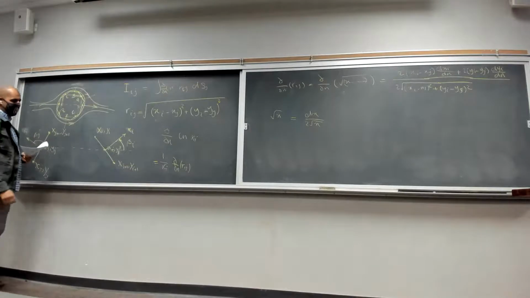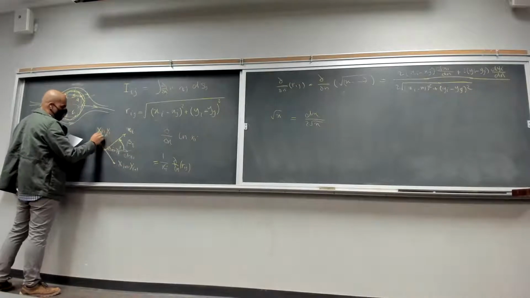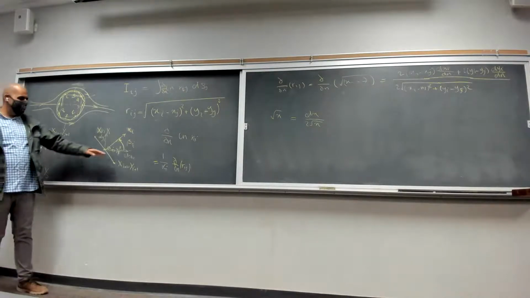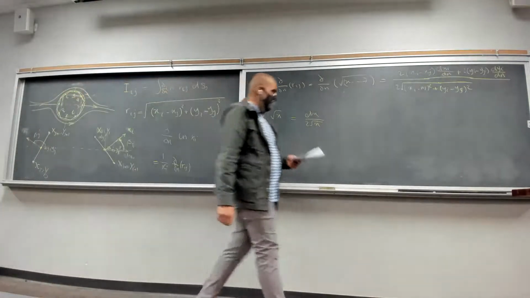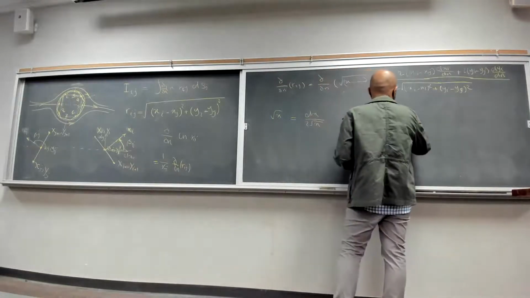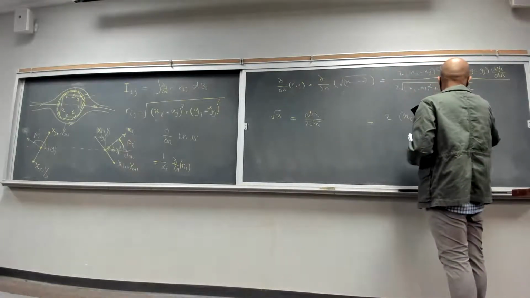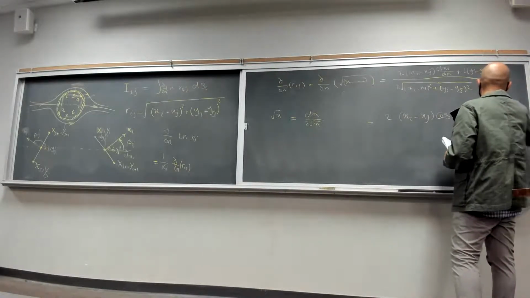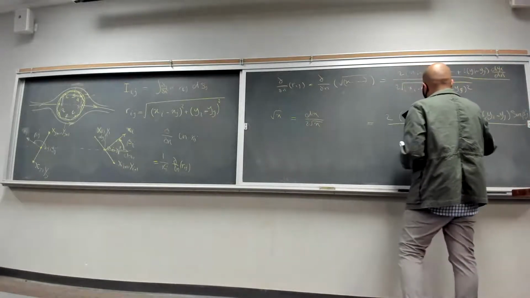And if you come here, you can see that this is going to be your dxi and this is going to be your dyi. So dxi divided by n is going to be cosine of beta, and dyi divided by n is going to be sine of beta. So we're going to get 2 times xi minus xj cosine of beta I plus 2 times yi minus yj sine of beta I, divided by 2 square root of whatever.